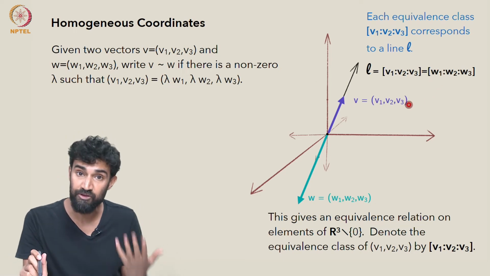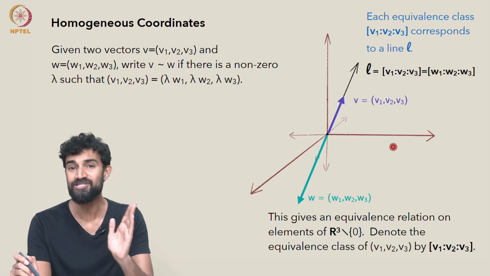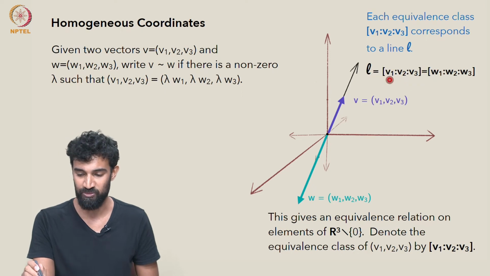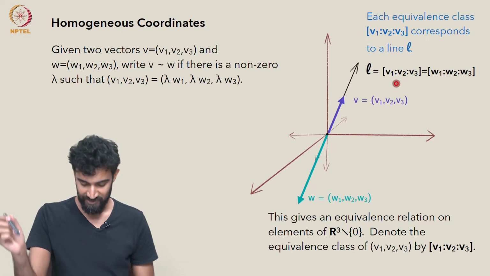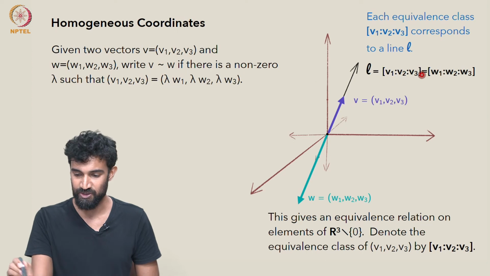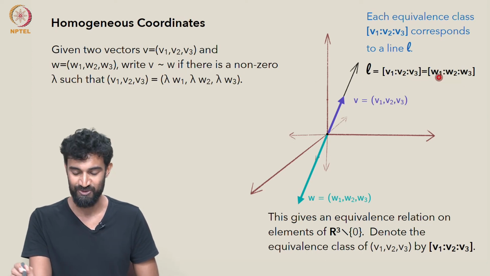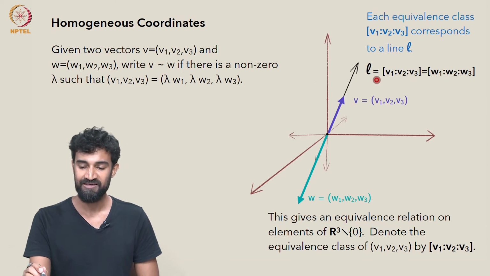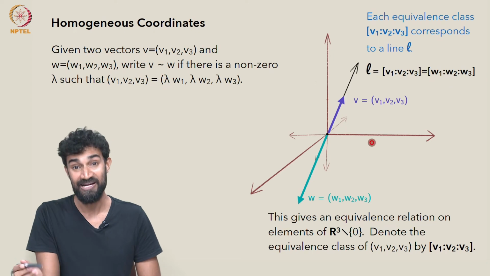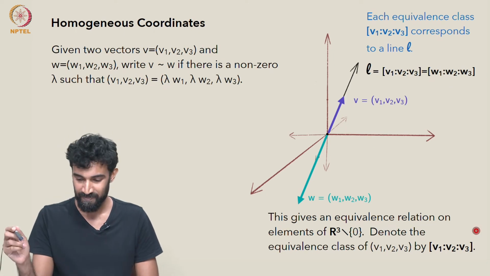And you could take any other scalar multiple of v and use its coordinates written in this homogeneous form to refer to that line L. So there isn't a unique way of writing L in homogeneous coordinates. There are infinitely many ways. You can take any scalar multiple. And that might seem like some weird drawback, but it's actually a big advantage, and we're going to see why.